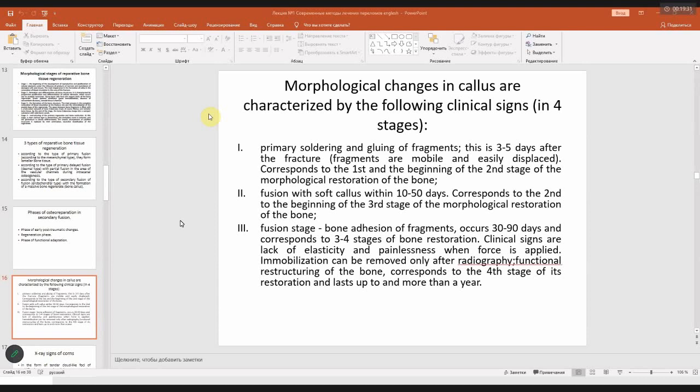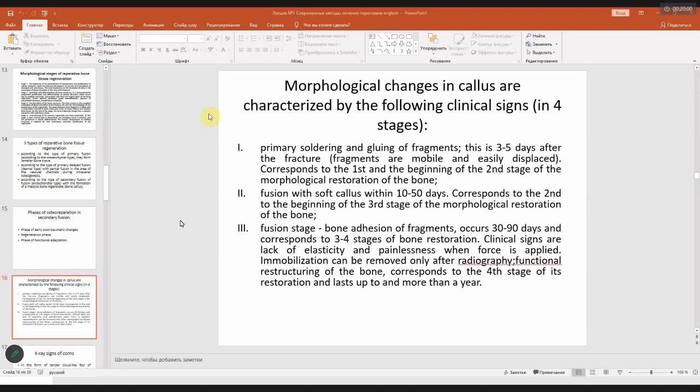Morphological changes in a callus are characterized by the following clinical signs in 4 stages. 1. Primary soldering and gluing of fragments. This is 3 to 5 days after the fracture.